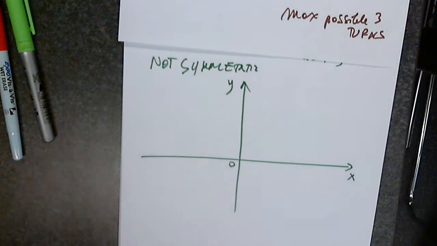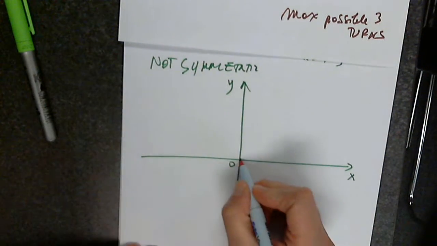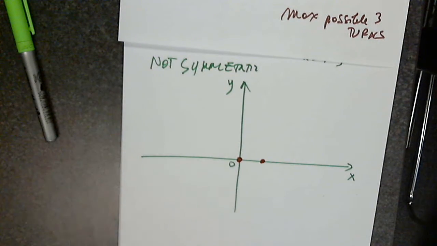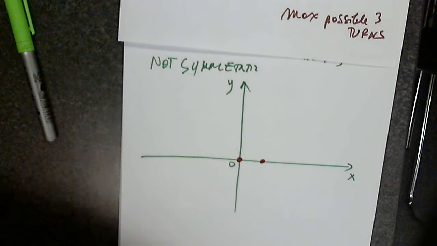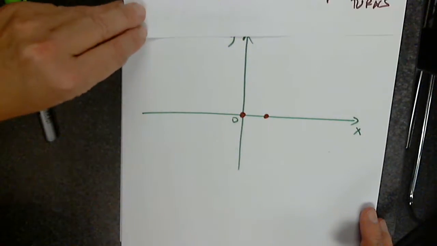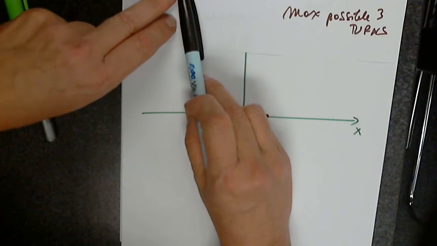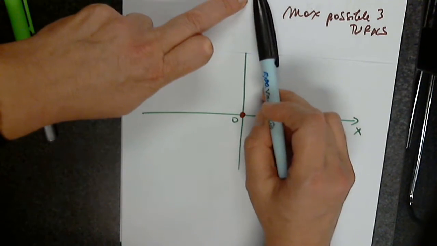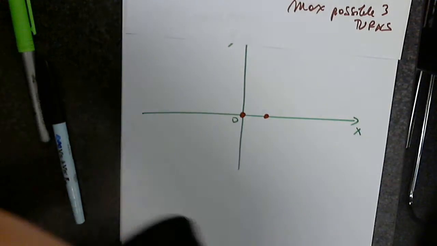So I have to plot 0, 0. I have to plot 1, 0. So now let's look at the chart and come up with an idea. The function comes from positive infinity and it turns at 0, 0. Okay, again, I'm using my pencil for a second.